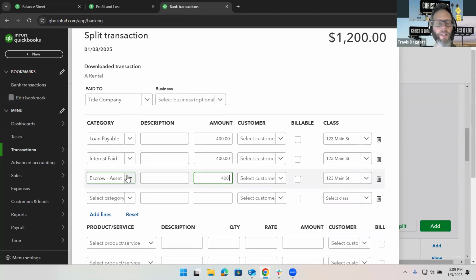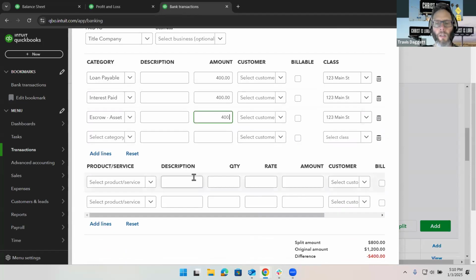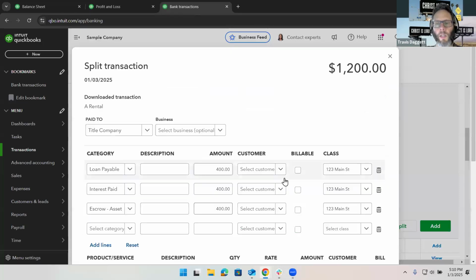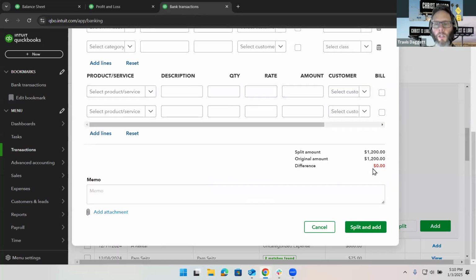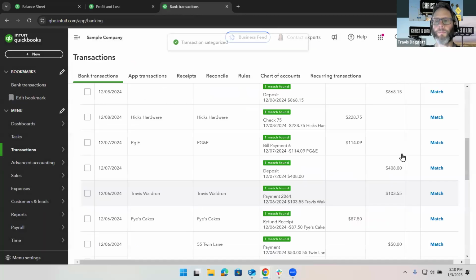So the reason I put asset there is this is money that the servicing company is holding on your behalf that they're going to use to pay taxes and insurance. So it's actually an asset on your books. Okay. And you can see down here, our difference is 0. Great. Let's go ahead and add it.